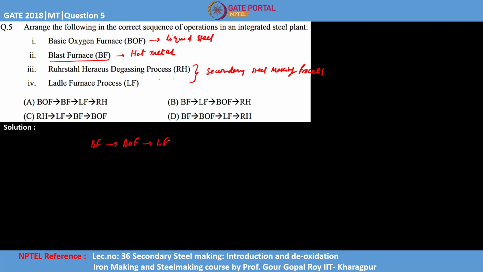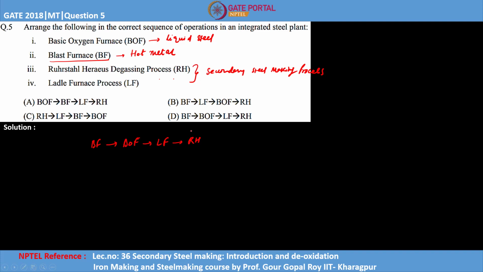So the purpose of this ladle furnace is basically heating, homogenization, desulfurization, deoxidation or alloying of the liquid steel which we produce at the basic oxygen furnace. So after that, if we want to produce a very ultra low carbon or gaseous impurity free steel, then we must go for the RH degasser.